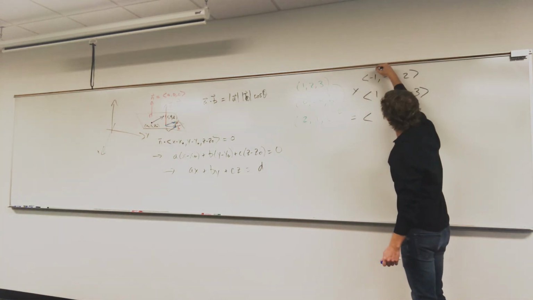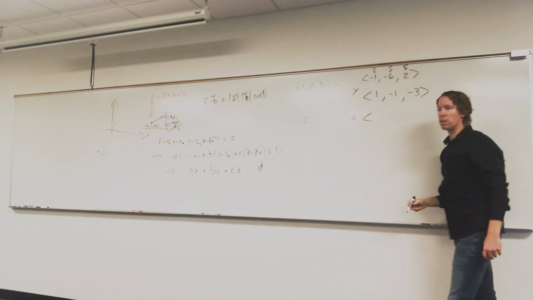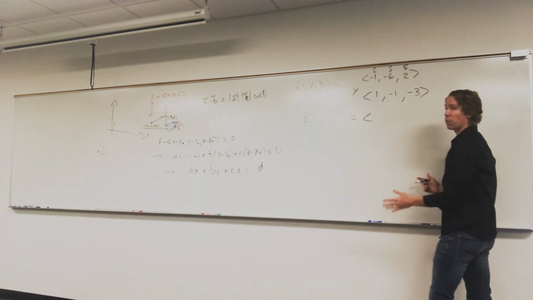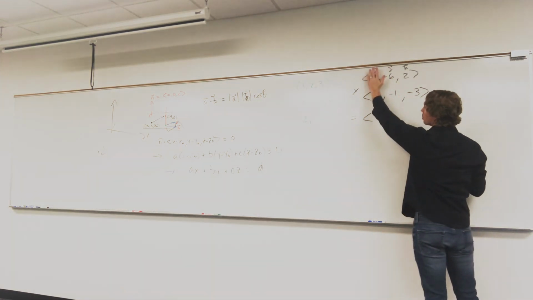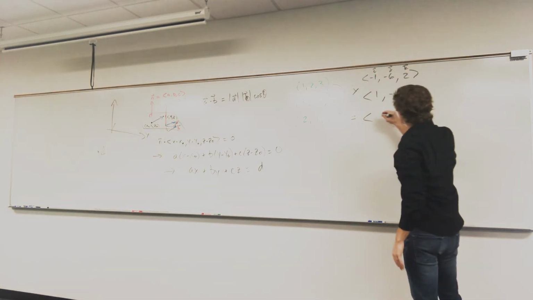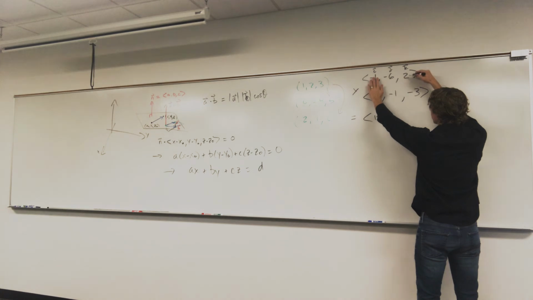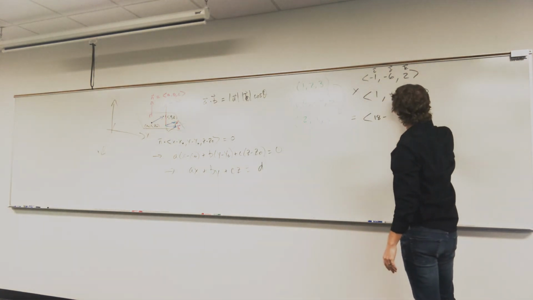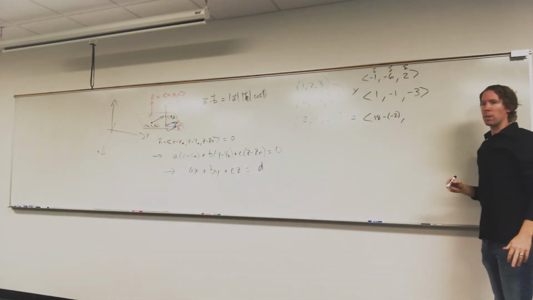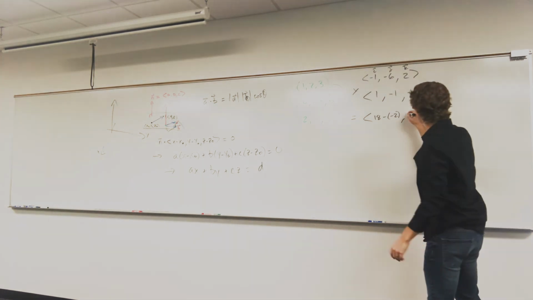To take their cross product, remember I'm going to think of having an i here, a j here, a k here, and then do the little matrix multiplication that we did last time. So first, for the first component, cover up the first column, and then I've got -6 times -3 minus -1 times 2. -1 times 2 is -2. And then what do I need to do for the second coordinate? With a negative sign. Yeah, good.